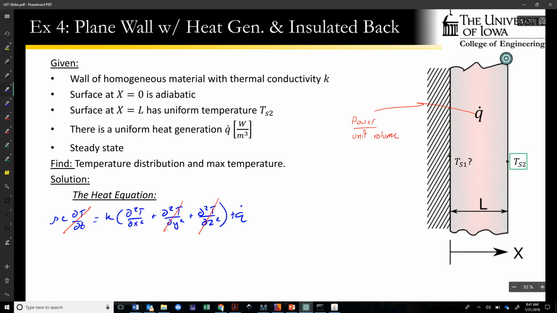So what we end up with is k times d squared T dx squared equal to negative Q dot, or, if we want to put this in a nice form that's ready to solve, d squared T dx squared is equal to negative Q dot over k.